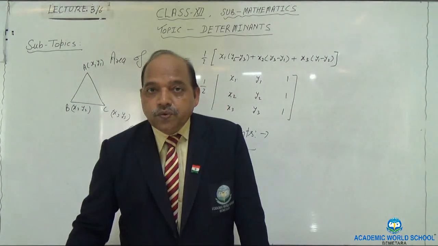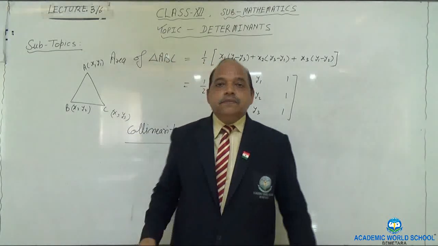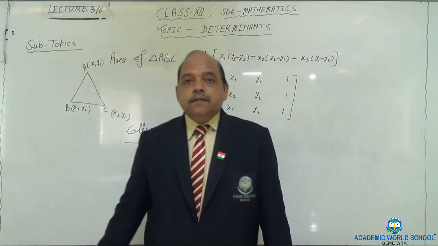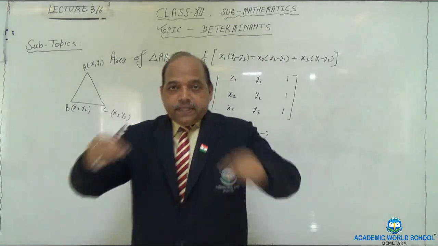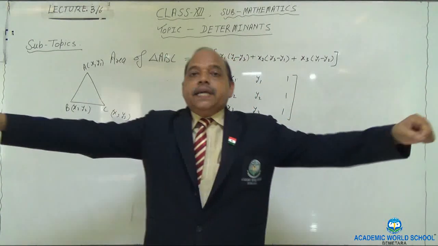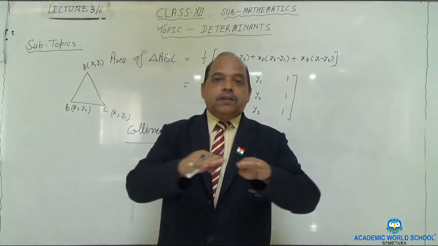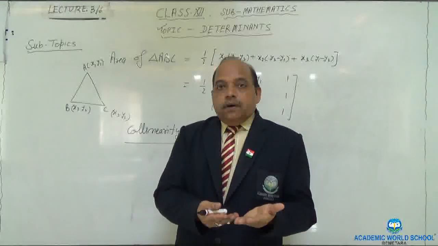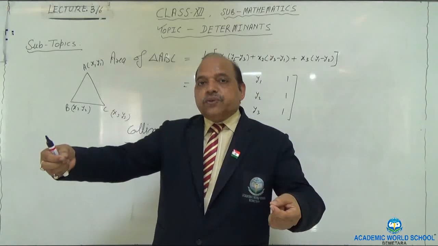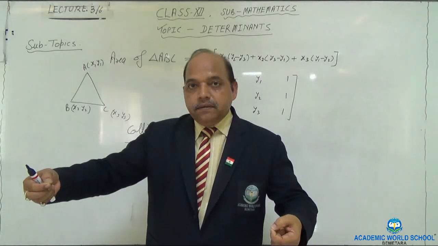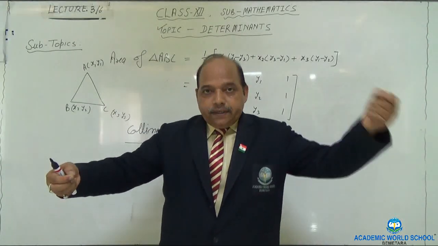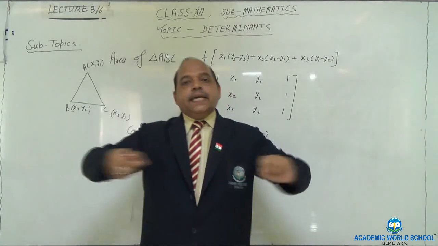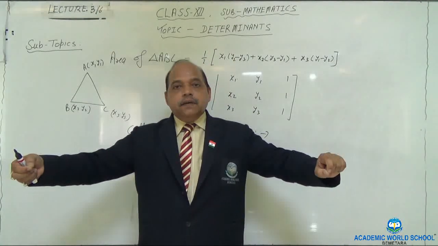Very often it used to be asked in different examinations. How will you prove that the given 3 points are collinear? Collinear means they are lying on the same line. As you know that, through given 2 points you can always draw a straight line. And in case the third point also lies upon that, we say that 3 points are collinear.